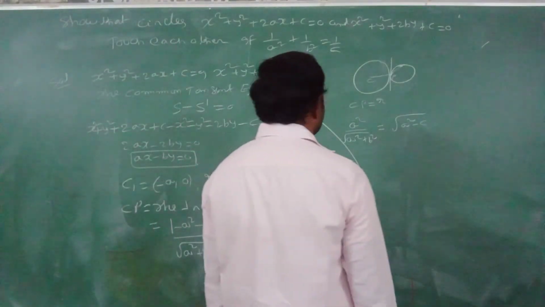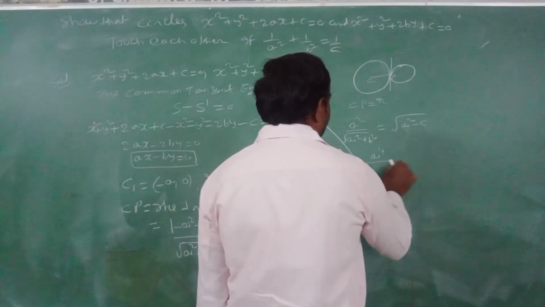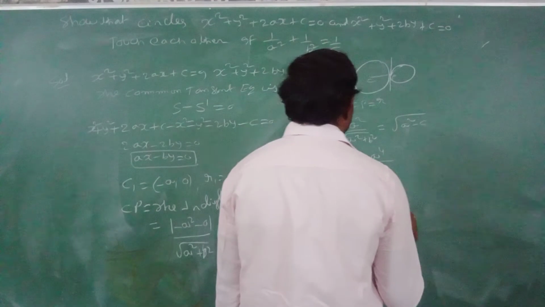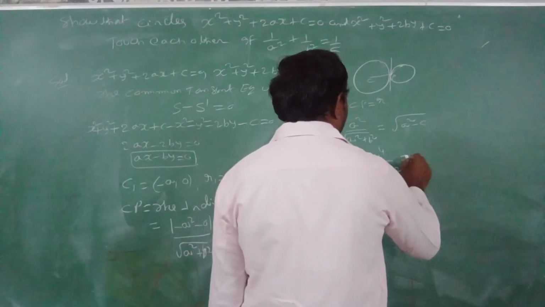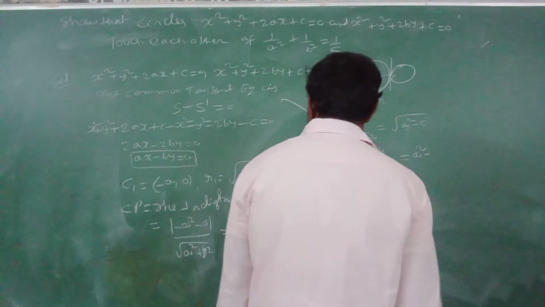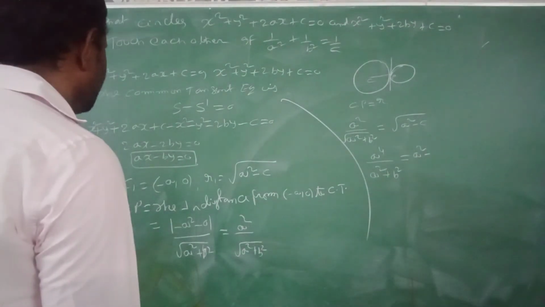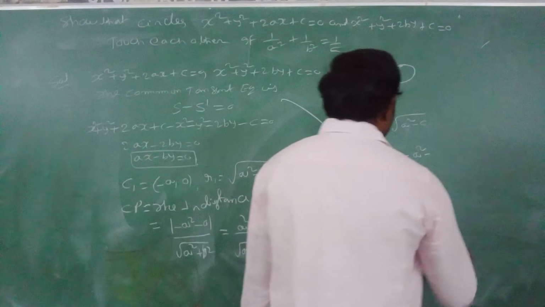So squaring on both sides, a power 4 by a square plus b square is equal to a square minus c.